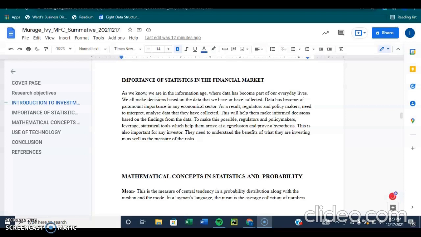By using tools, for example statistical analysis tools, you can interpret the data, analyze it, and from the findings you come up with informed decisions, which are very paramount. These tools help you arrive at a conclusion and also prove a hypothesis. That is why they are very important in the business sector, in the financial sector, and generally in the economy.